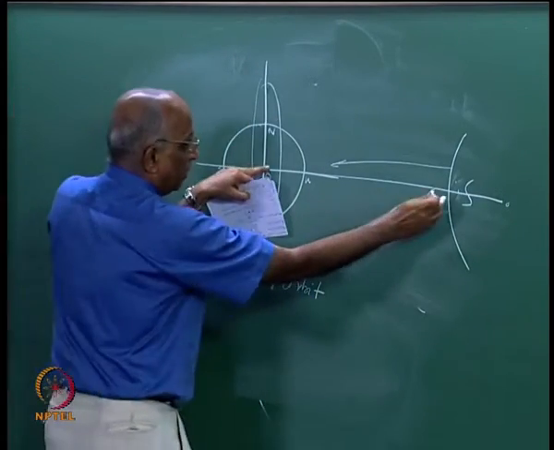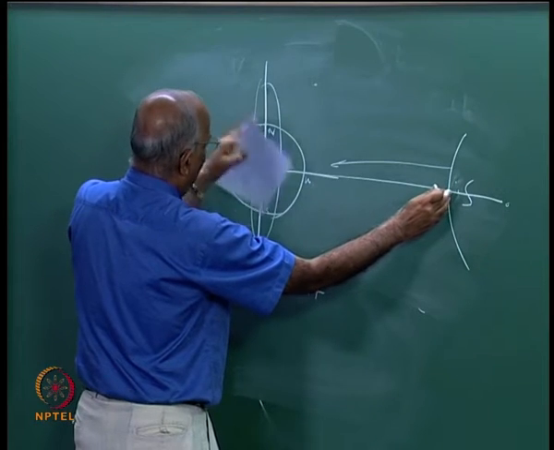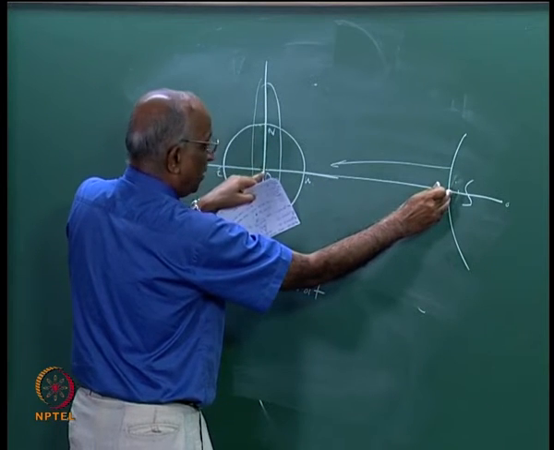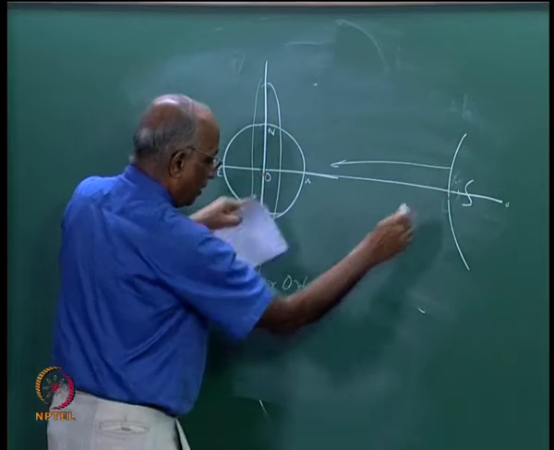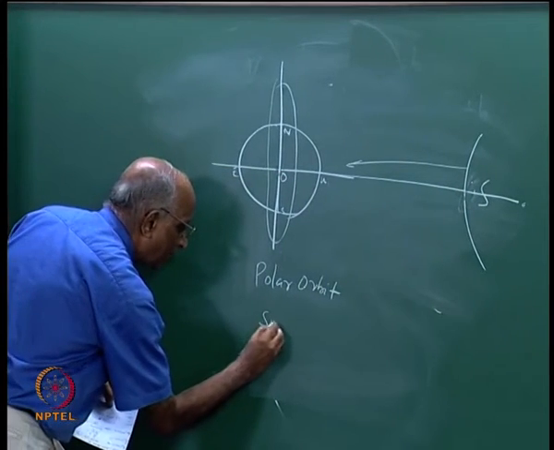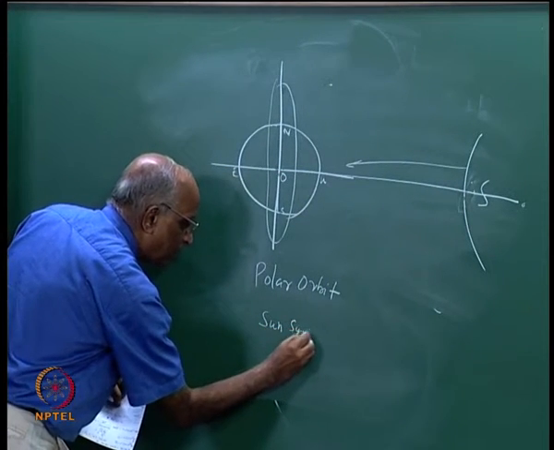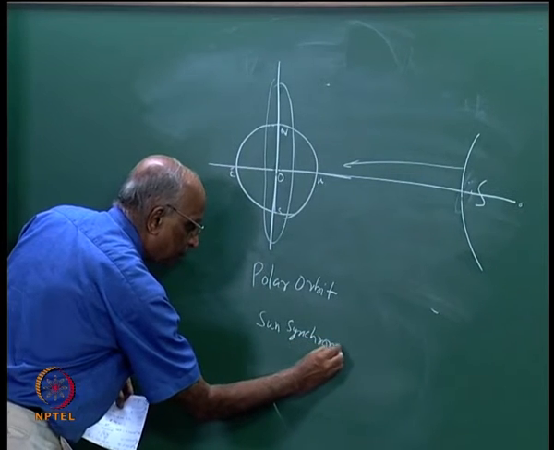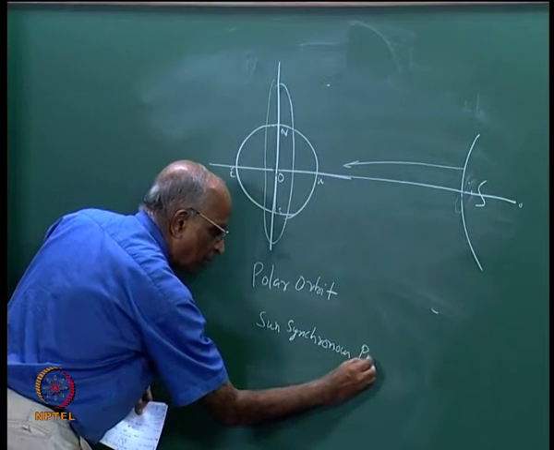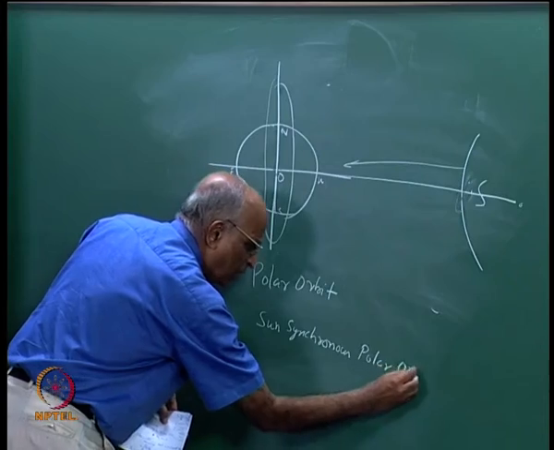If the angle between the orbital plane and the center line of the sun is kept constant, we call it a sun synchronous polar orbit. Why do we need this?